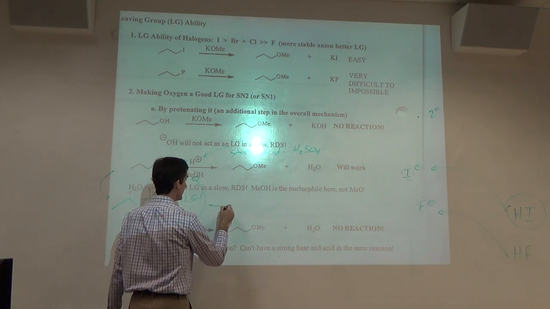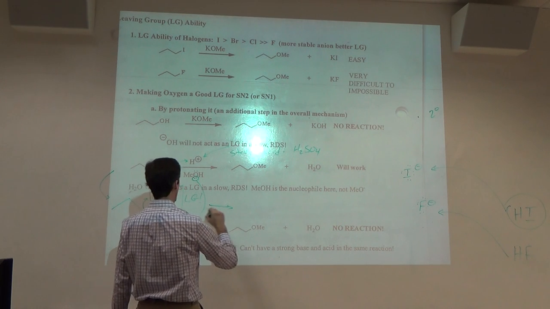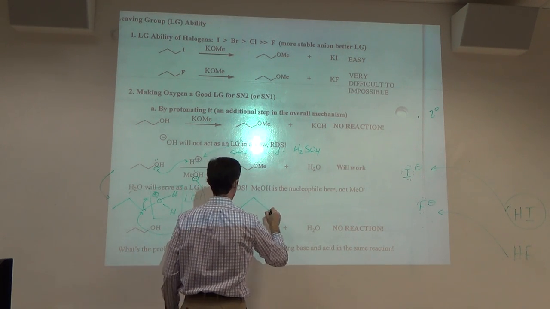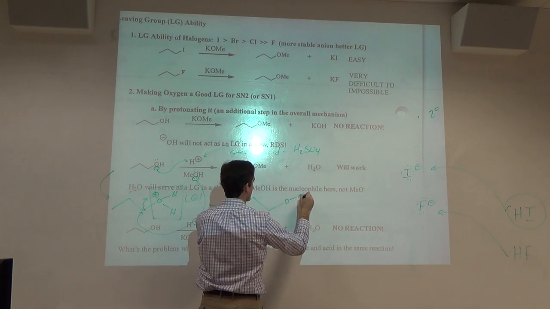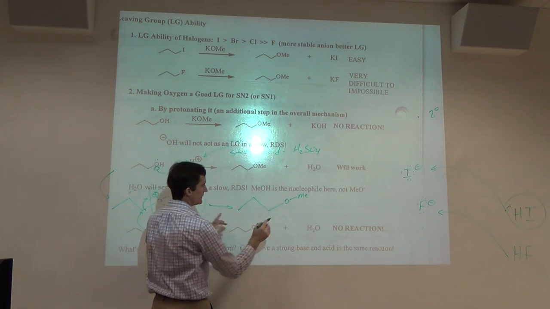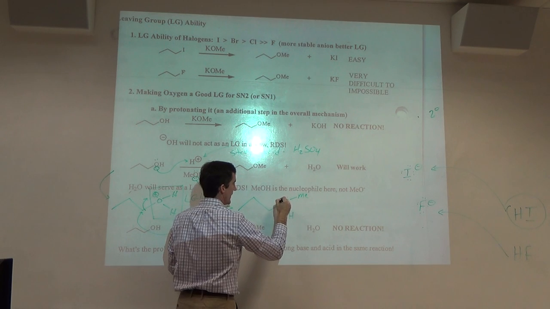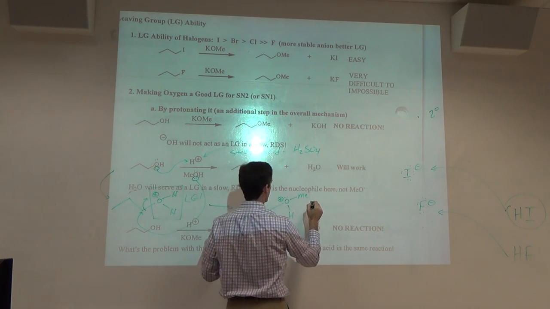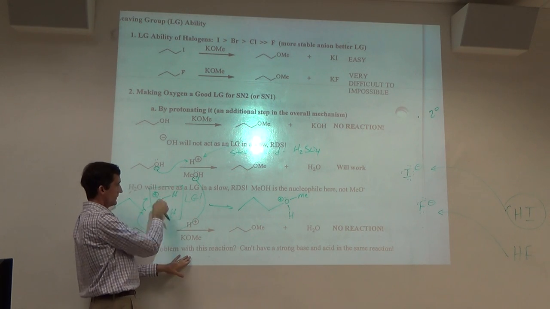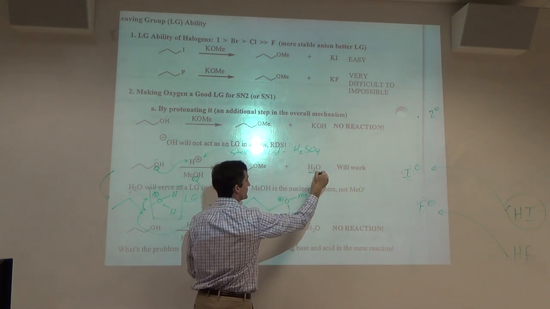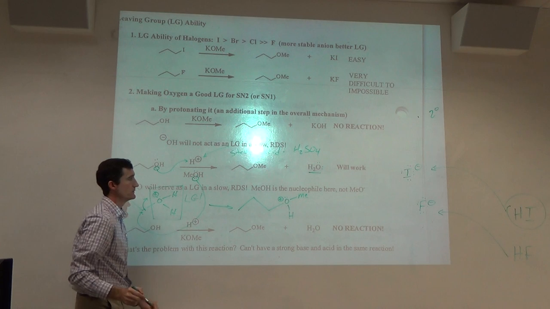What does that give? Not product yet. We get boom, boom. Now bonded to that is the oxygen with the methyl, but that H is there. And that's a plus charge, plus what? What left? Water. There's the water with two lone pairs.